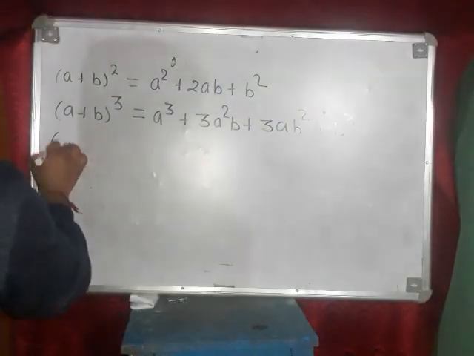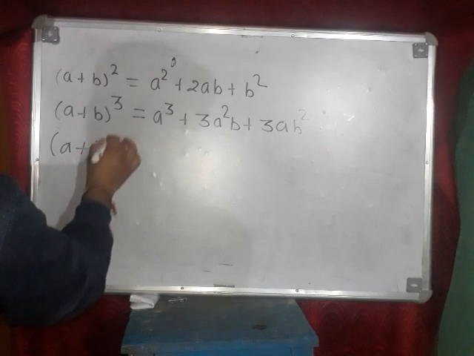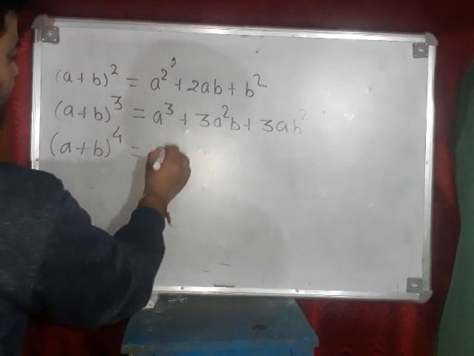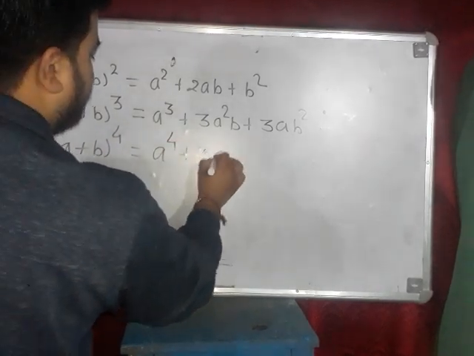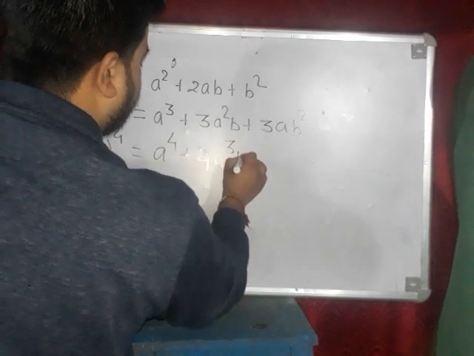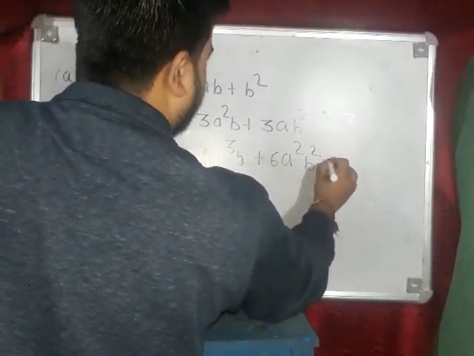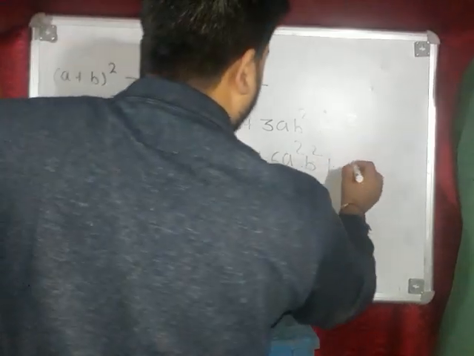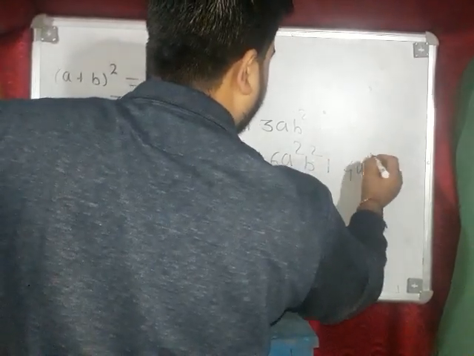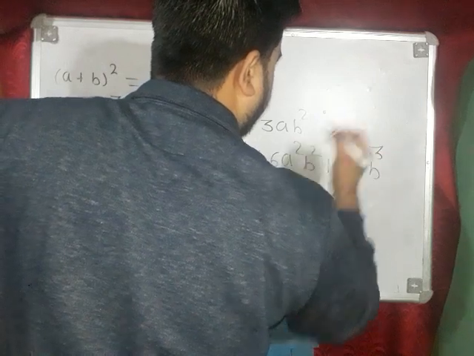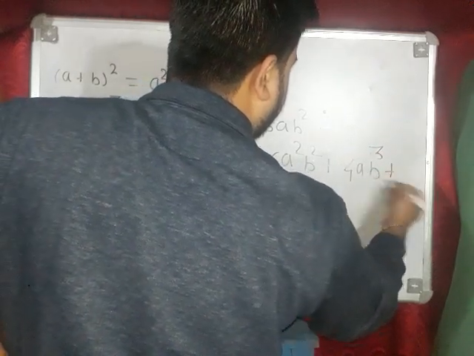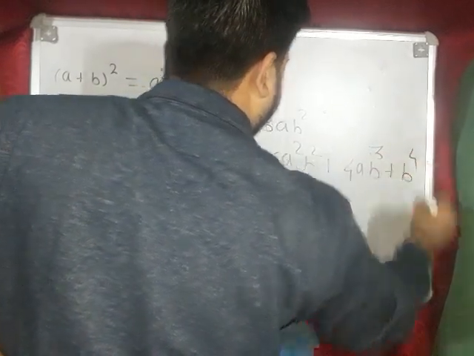And a plus b whole power 4 is a to the power 4 plus 4 into a cube b plus 6 into a square b square plus 4 into a b cube plus b to the power 4.